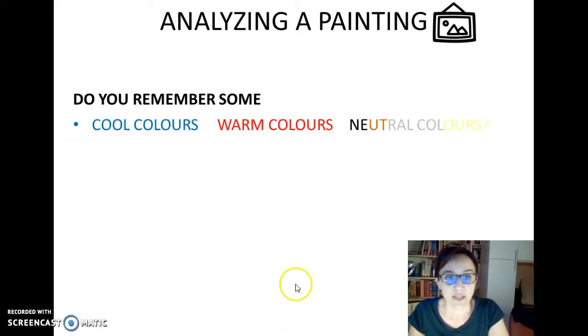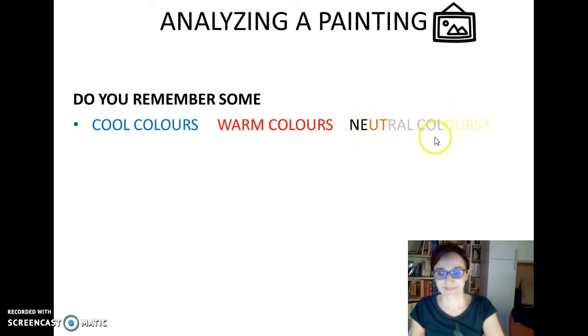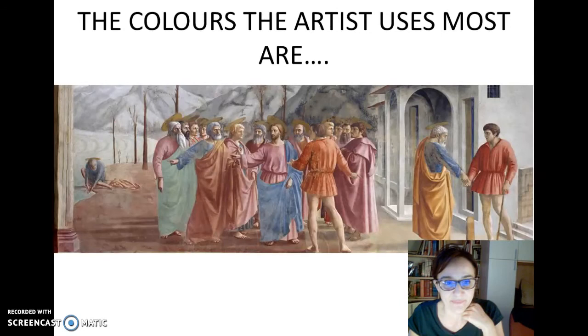Then, do you remember some cool colors and some warm colors, or some neutral colors? Try to remember what you have just seen. For example, let's have a look at this painting.